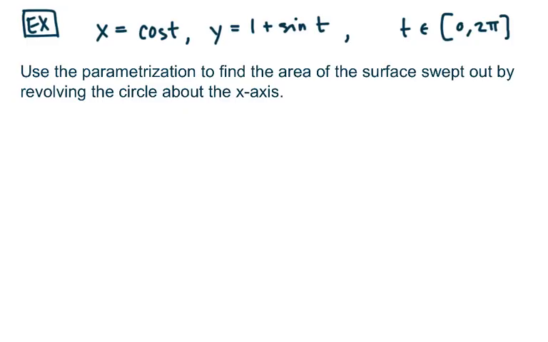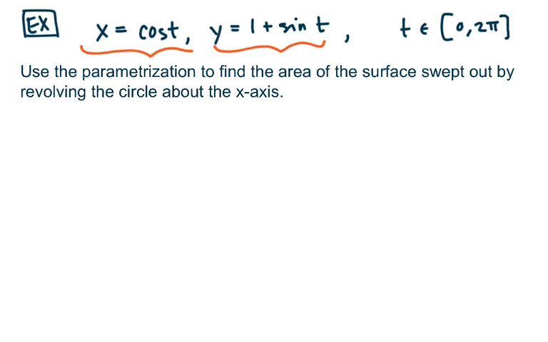So here we have some parametric equations: x equals cosine t and y equals 1 plus sine t, over the parameter t from 0 to 2 pi. We want to use this parametrization to find the area of the surface swept by revolving this circle about the x-axis. If it was just x equals cosine t and y equals sine t, this would be a circle of radius 1 centered at the origin.